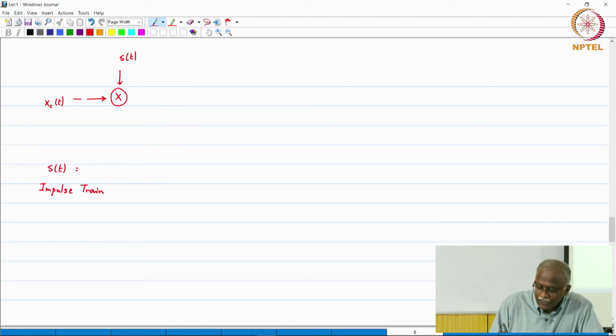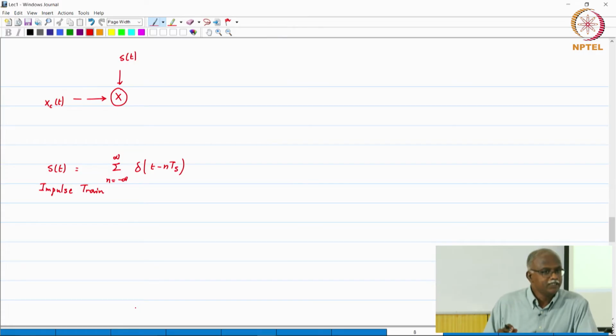Okay, this would be summation n equal to minus infinity to infinity of delta of t minus nTs. Keep in mind that this is not your discrete time delta function. This is the Dirac delta, because I am operating on a continuous time signal.